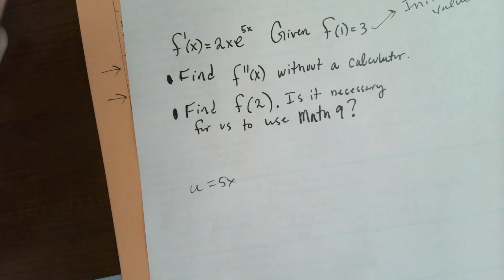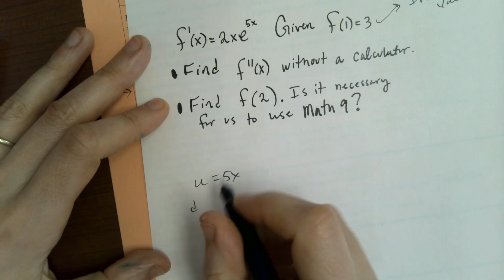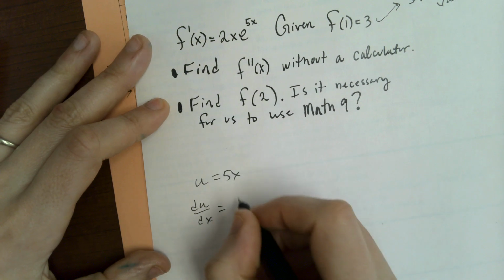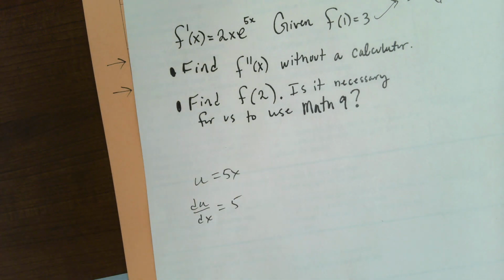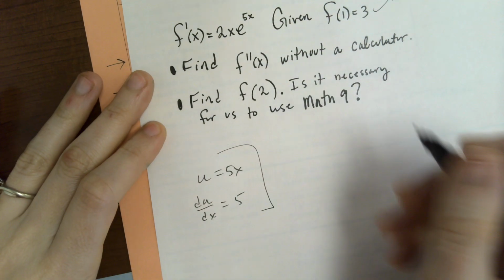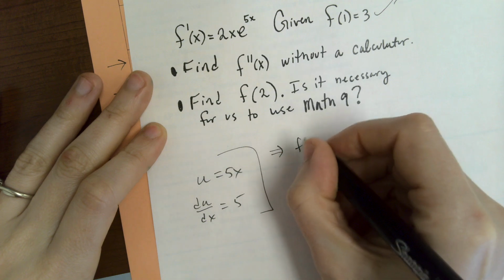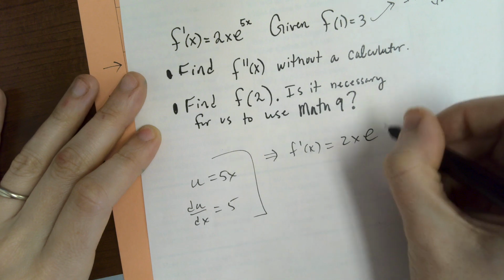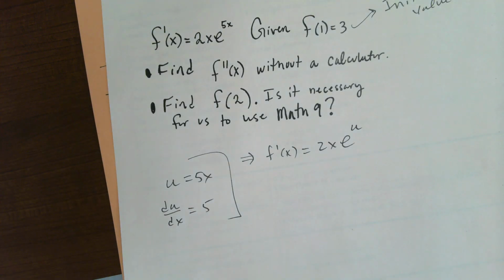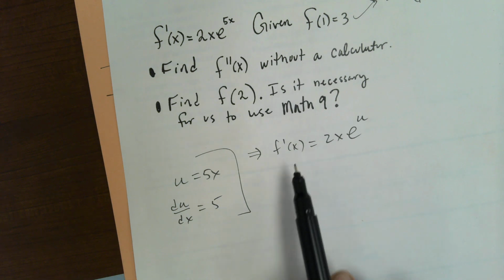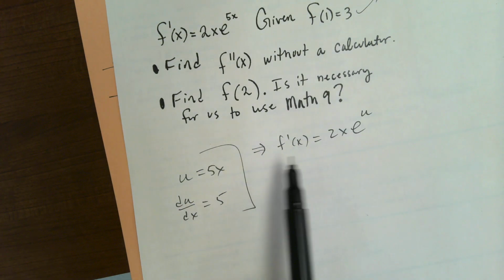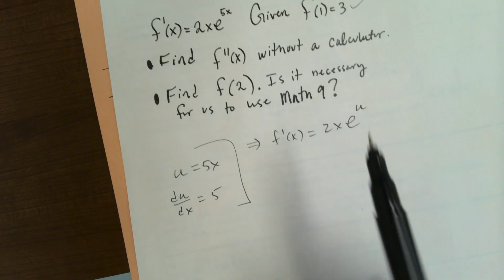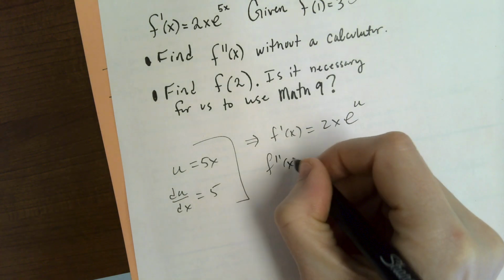Okay, and then whenever you find a U in calculus, you go du dx. Okay, and then from here, what I've got is f prime of x is equal to 2x e to the u. And then maybe from there you could set up the product rule, because we have not taken the derivative yet. So now I'm doing d dx on both sides. So d dx of f prime is f double prime of x.